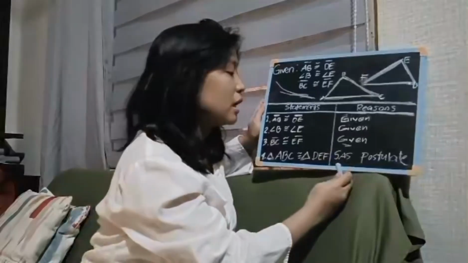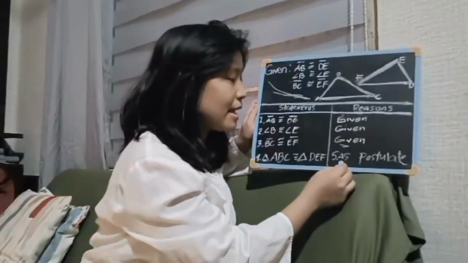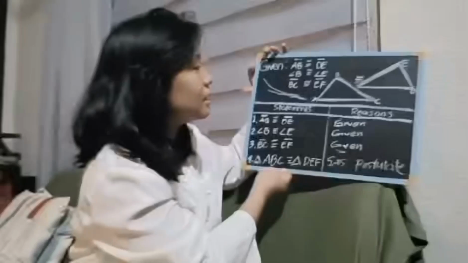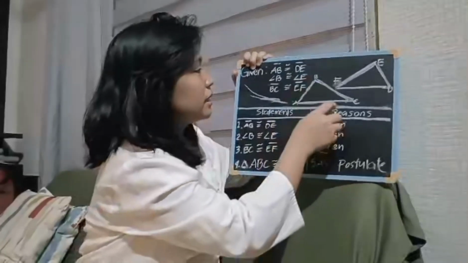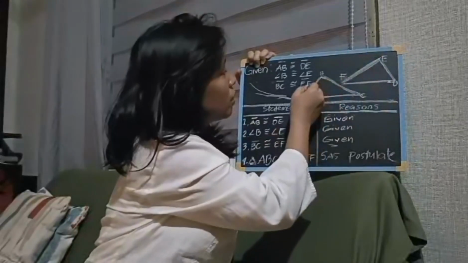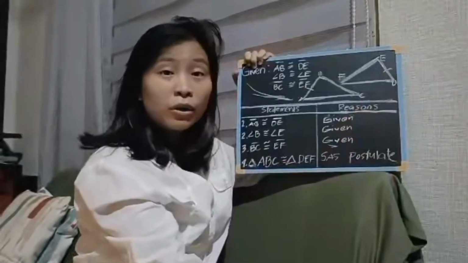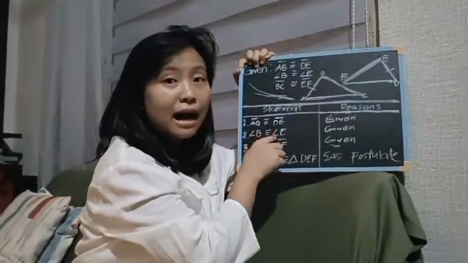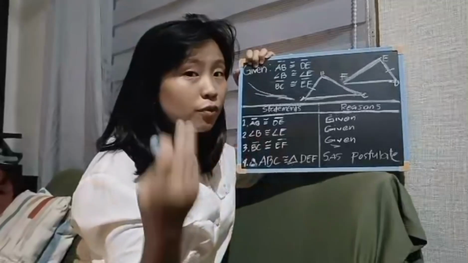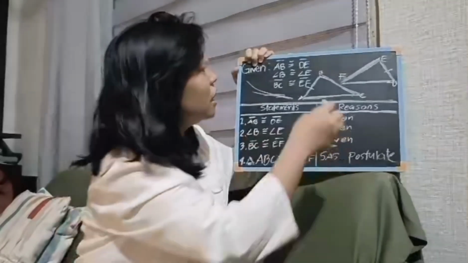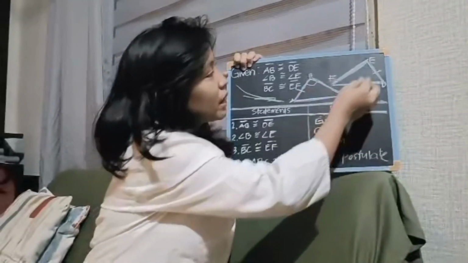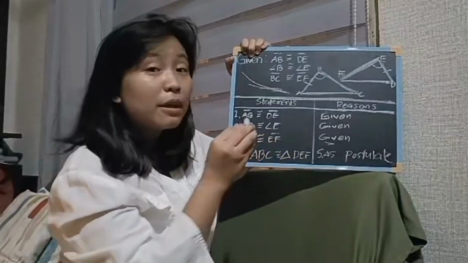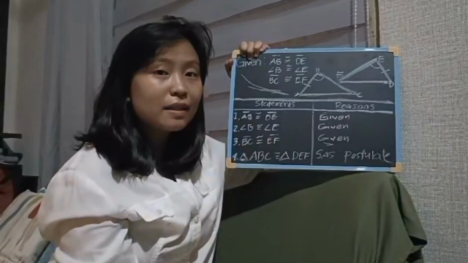If you wonder why it became the SAS postulate, first we look for line segment AB congruent with DE. And then the second one is angle B congruent with angle E, so we need to find angle B and also angle E. And the third one is line segment BC congruent with line segment EF.